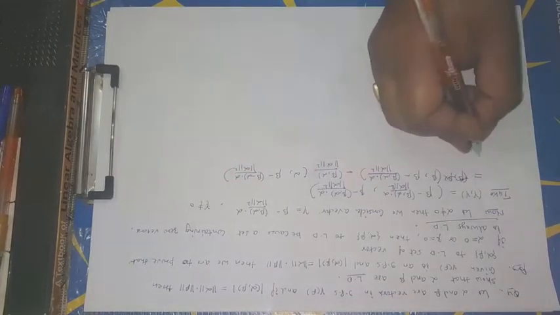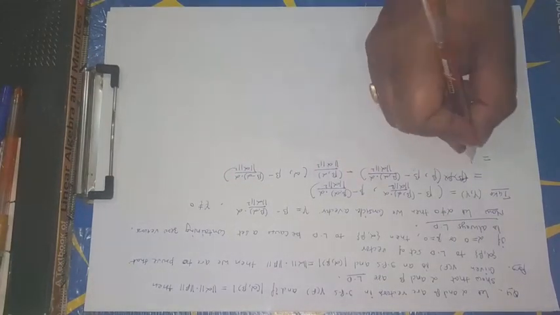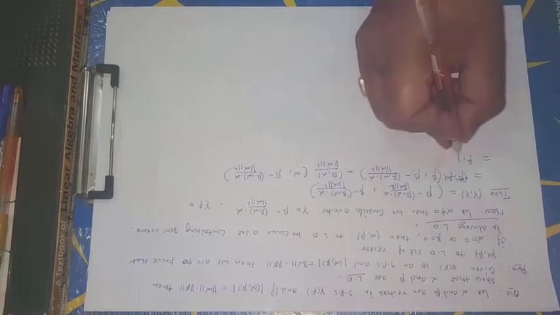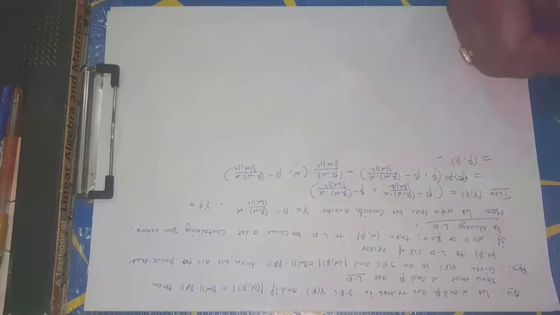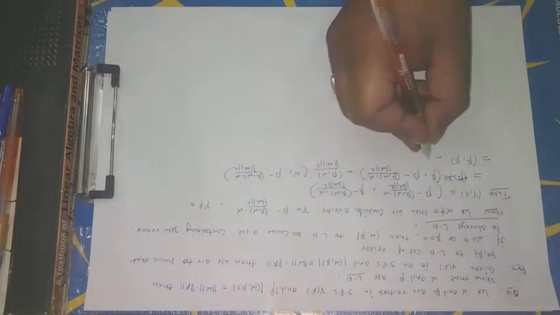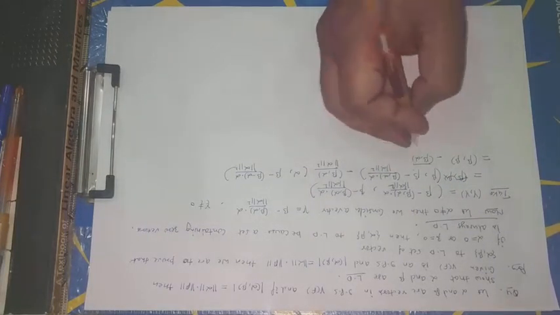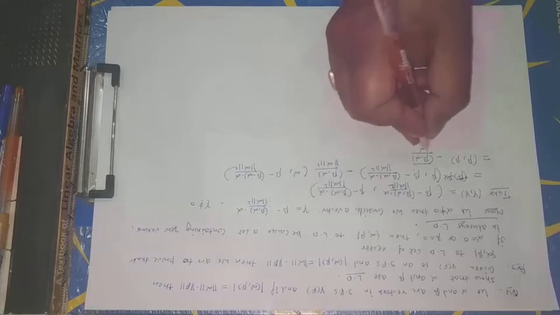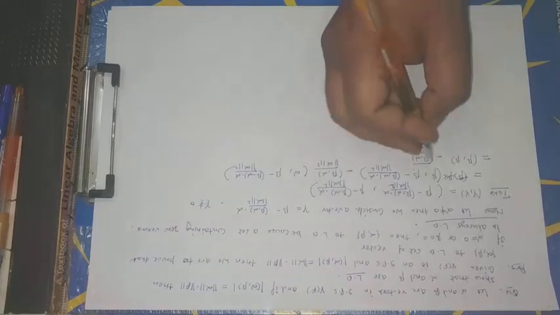Now beta inner product with beta minus beta alpha conjugate upon alpha norm square.